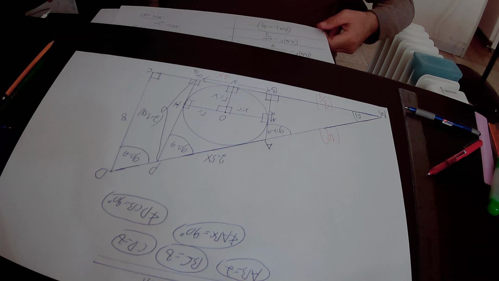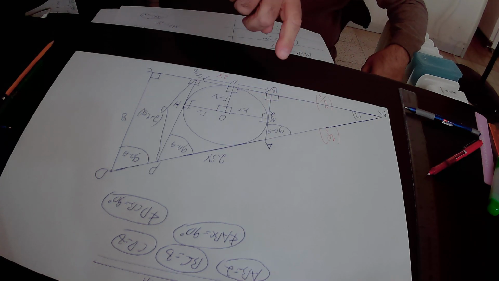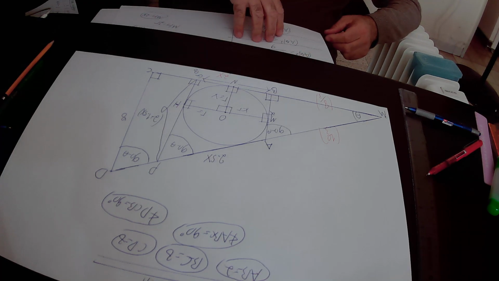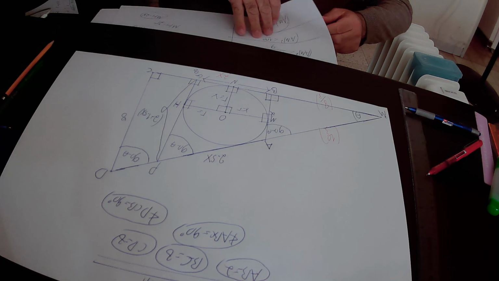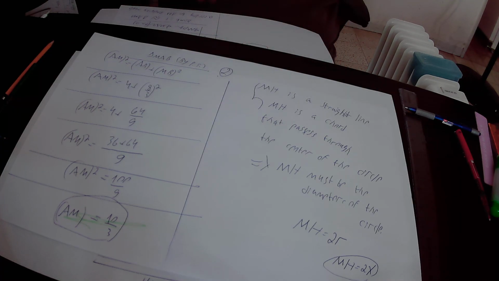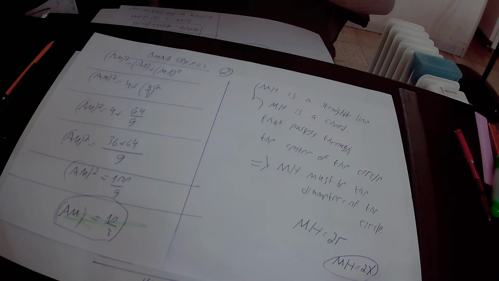Then we apply the Pythagoras theorem on the right triangle ABM. In the right triangle AMB, according to the Pythagoras theorem, AM squared equals AB squared plus MB squared.